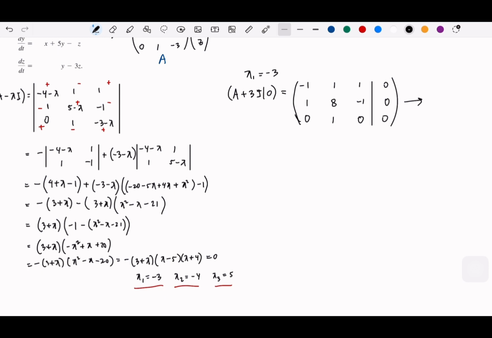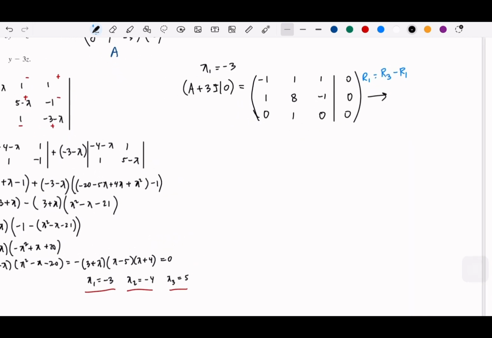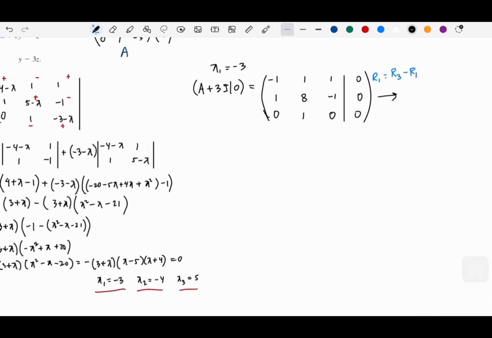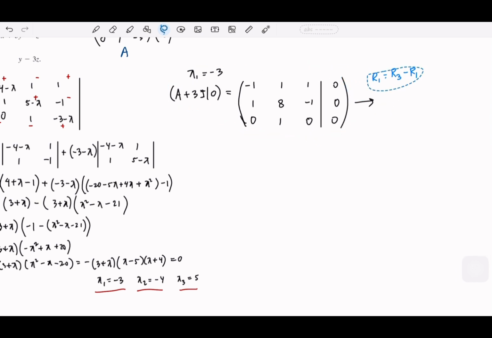I think we can start with row 1. I will make that part 0. Row 3 minus row 1. This will be 1, 0, -1. This is still 0.